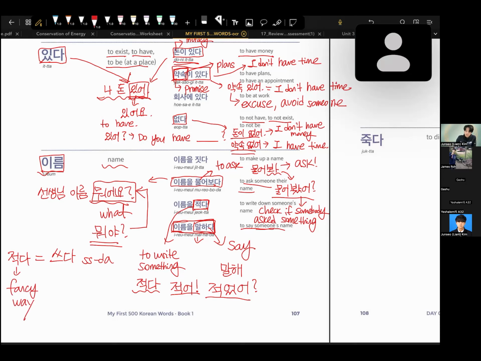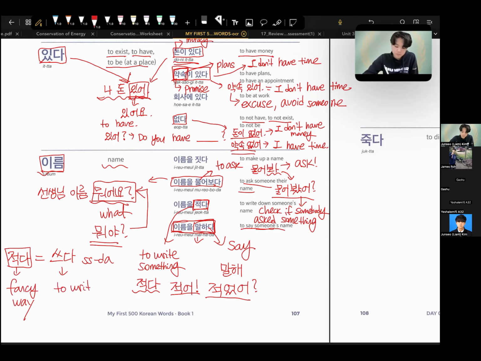쓰다 is also an okay word, but if you use 적다, you sound like a smarter person. But they have the same meaning. It means to write. Usually people say 쓰다 a lot.